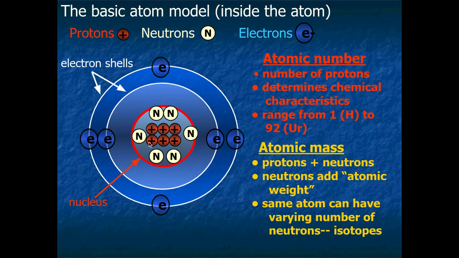They're all positively charged. Now, count the number of electrons that you see on your slide. If you count them, it also has 6. So we have 6 positively charged protons and 6 negatively charged electrons. What we say then is that this particular atom is electrically balanced, or electrically neutral.